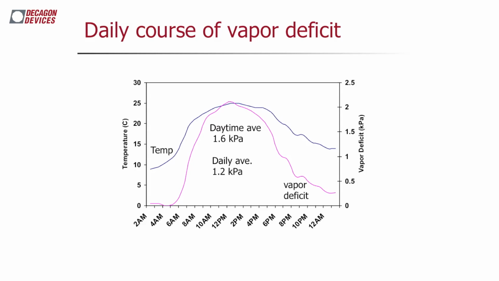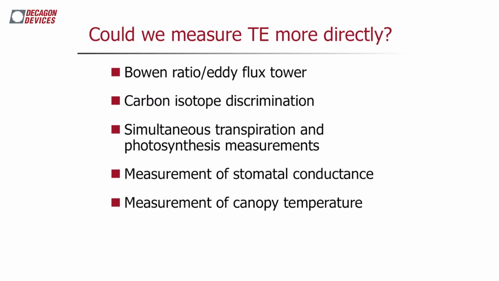But if we took the daytime average, where photosynthesis occurs, where we've got that exchange between the air and the leaf with the CO2 coming in, we get a value of 1.2 kPa. So just be aware that you've got to make some adjustments to those values. You just can't naturally take the average of the entire day's vapor deficit.